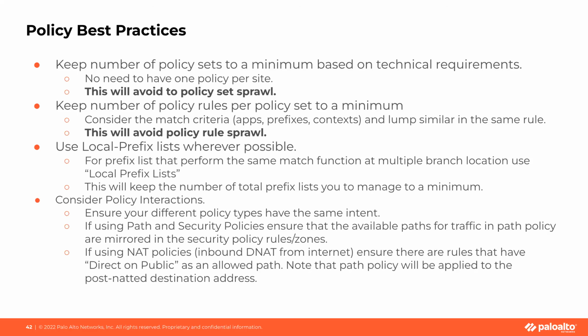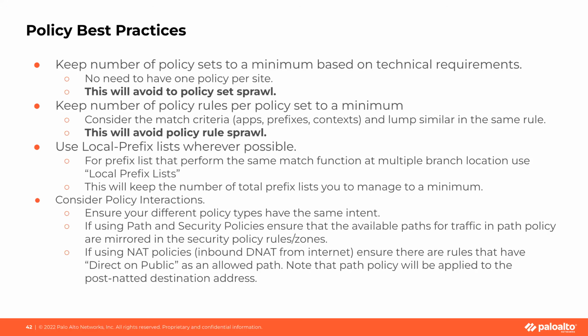And then within that prefix filter, I can say for branch A, guest networks are 10.100.0.0, and for branch B, they are 10.101.0.0. This way I can use this single local prefix filter within a policy rule, and it can apply to the guest segments at all of my branches based on the matches in the local prefix filter.